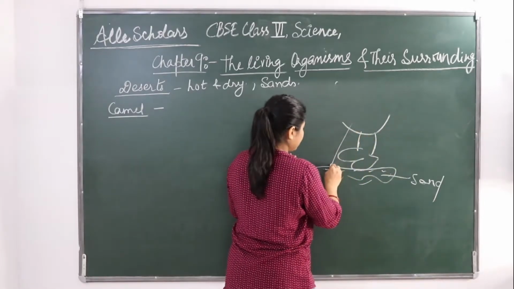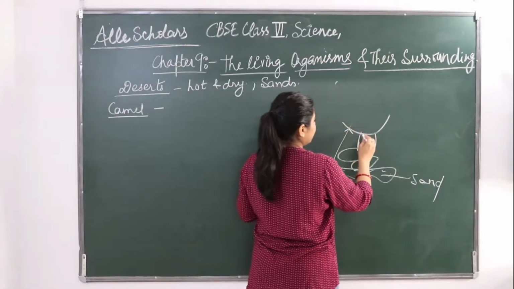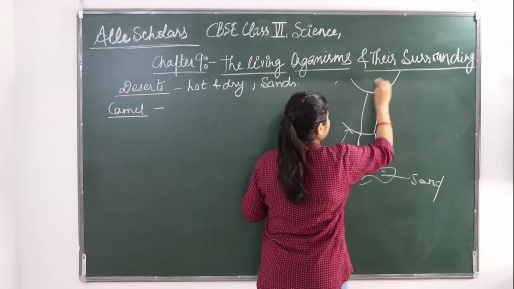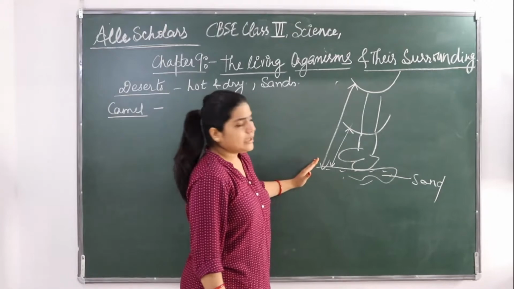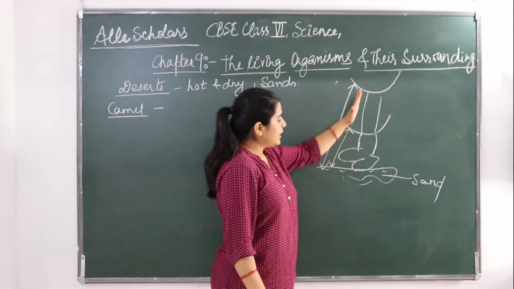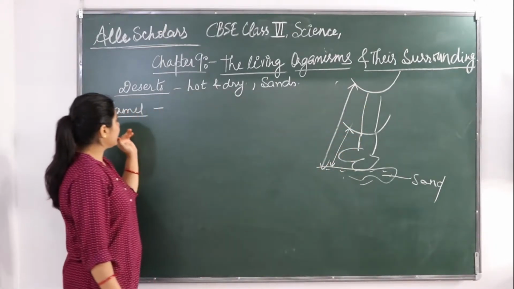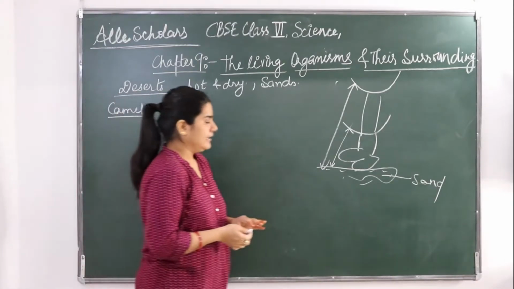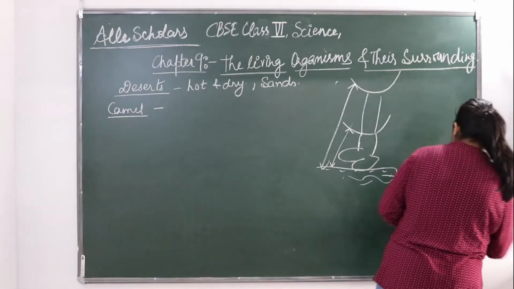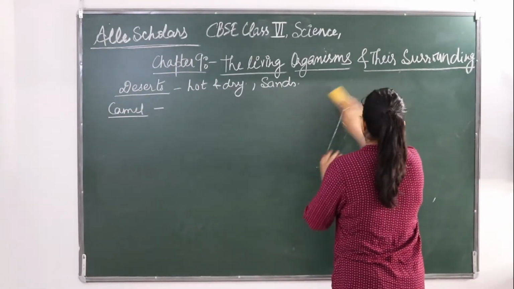Then the body would be very near to the sand, but since the legs are long, the body is up here. This makes a bigger distance. So the long legs help to keep the camel's body away from the heat of the sand.